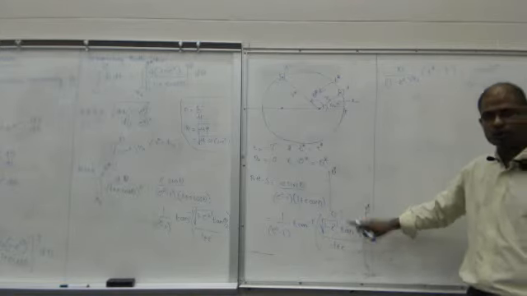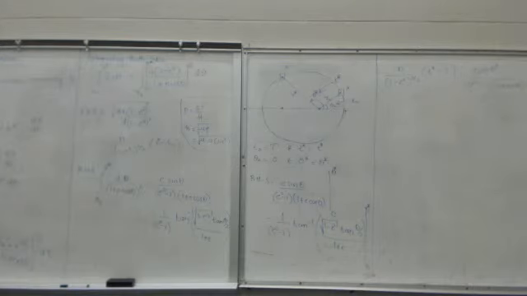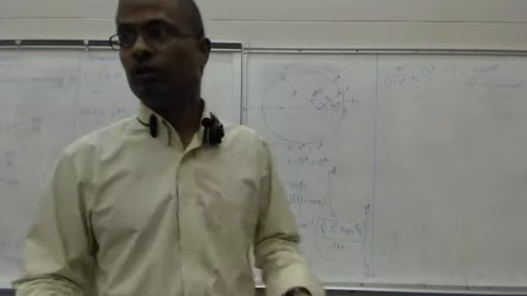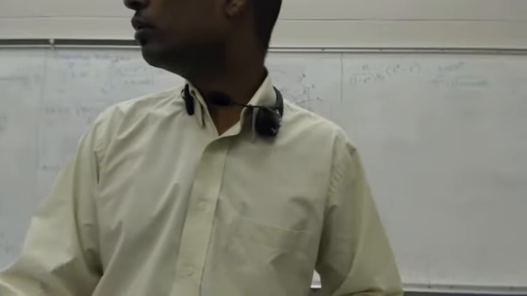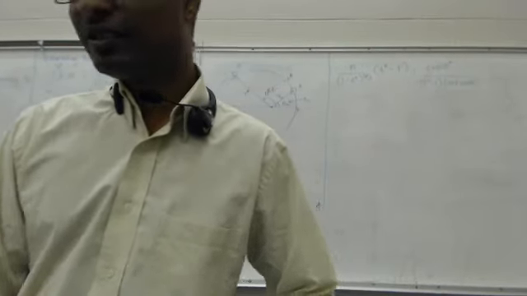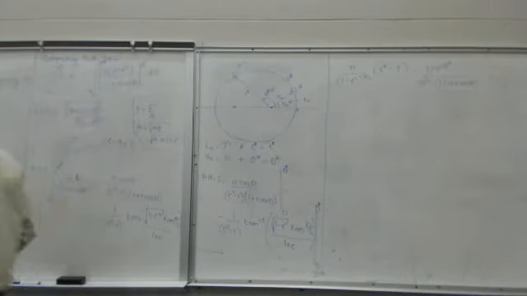How would you evaluate an integral between two limits? How do you compute the integral between two limits? You remember? No? How? Right. So you do top minus bottom, right? The upper limit minus the lower limit.